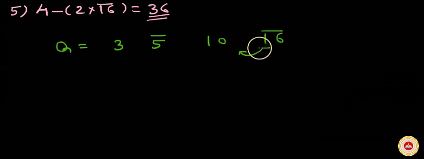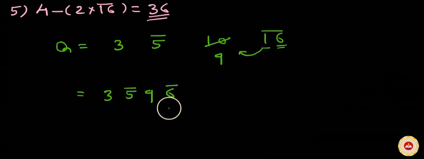So 10 plus -1, that is 9. Correct? So let us cancel this and write 9 here, and we will write only 6 here because we have already transferred this one to its left. So let us write 3, -5, 9 and -6. But this is a vinculum number, no problem.